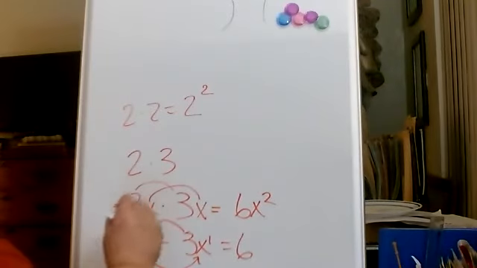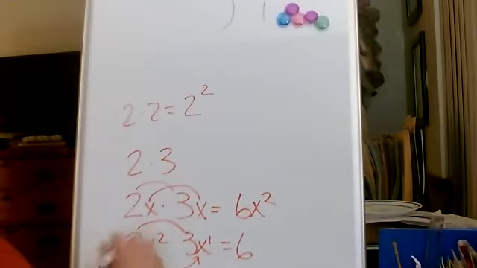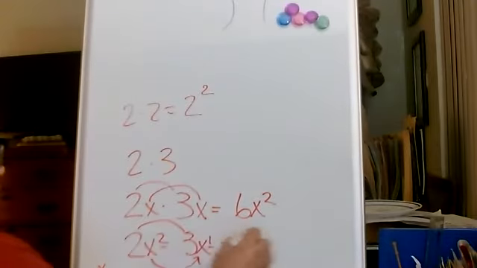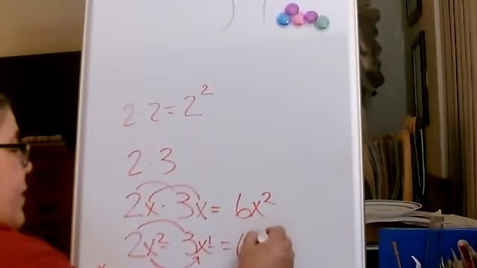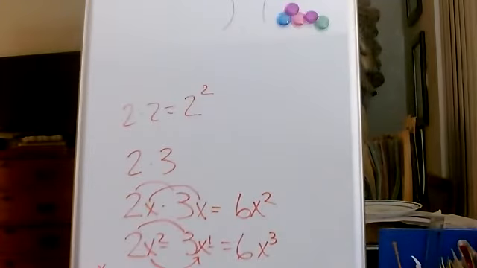If you have an x here, 1 is implied as a multiple. 1 is an implied exponent when it's by itself. So you add your exponents together to become x to the third. Don't be confused. It's not that bad. You'll be fine. I promise.